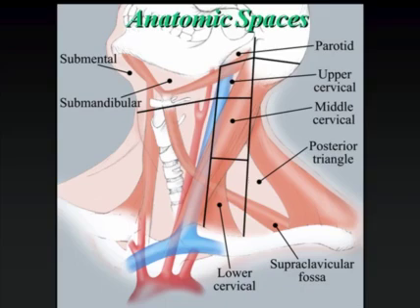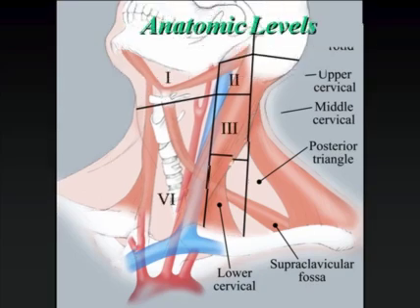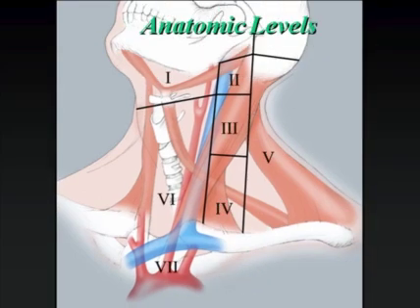So let's look at the key anatomic spaces in the neck that we're going to be looking at. And here you can see the submental and submandibular spaces. And then along the jugular chain, we have the upper, middle, and lower cervical chain, and then along the posterior triangle. Now, these spaces correlate to anatomic levels, and you'll hear head and neck surgeons refer to a level 2 lymph node.